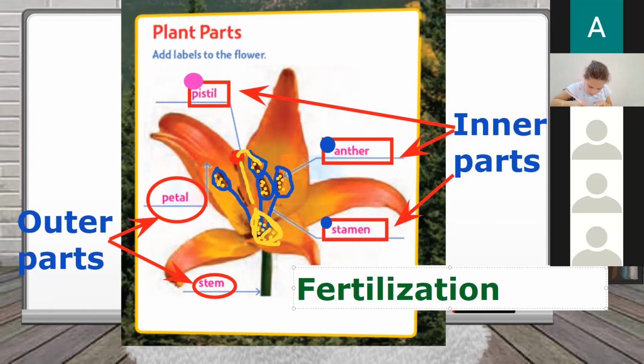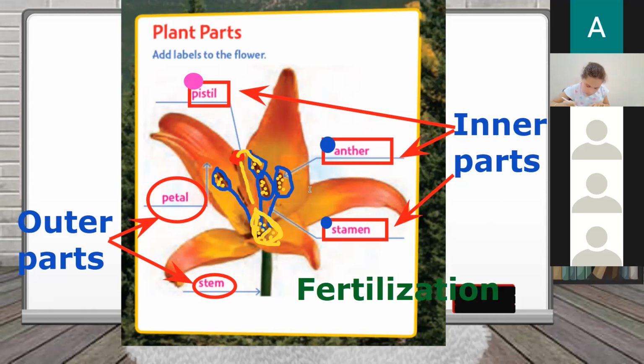What do I mean by fertilization? Fertilization is when the male part gives the sperm to the female part and it goes inside the ovary and joins with the egg. When sperm joins with the egg, they make a fertilized egg, and this process is called fertilization.